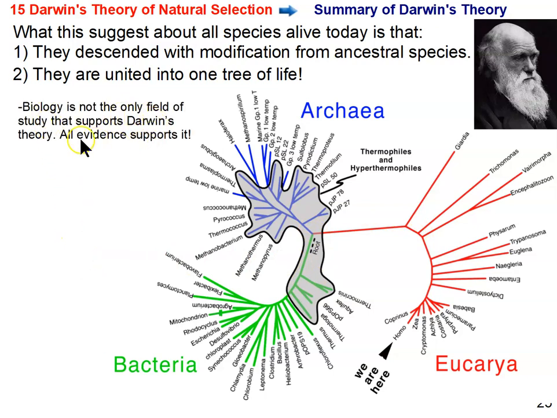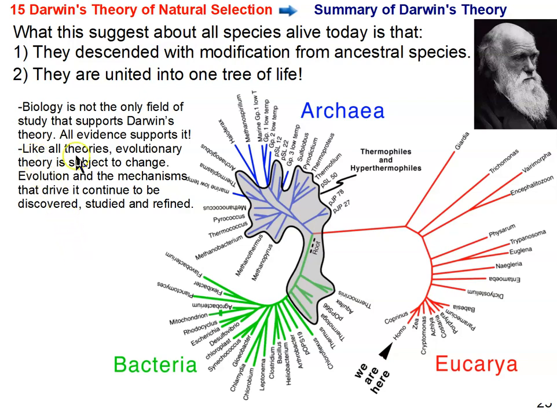Biology is not the only field of study that supports Darwin's theory. All evidence from all fields of science support the idea that species have changed over time through the process of natural selection. But like all theories, evolutionary theory is subject to change.